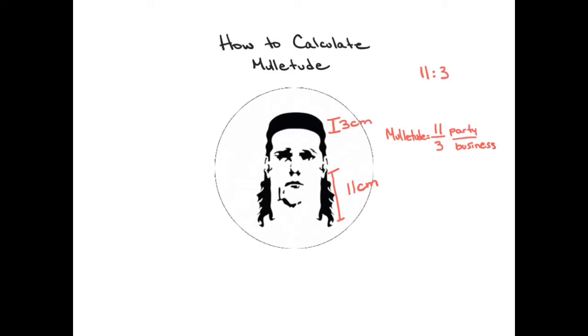So we do 11 divided by 3. And we don't forget to include our units. Our units in this case are party over business, but let's do short form, PB. Just like you would use kilometers per hour, we're doing party per business.